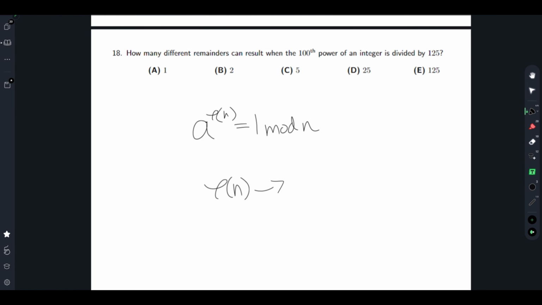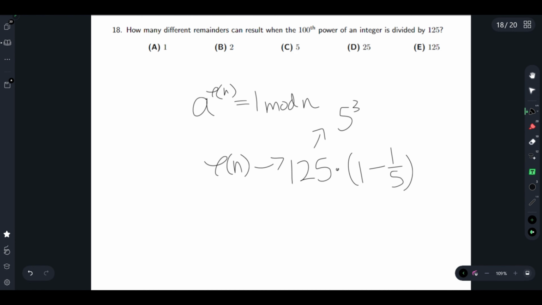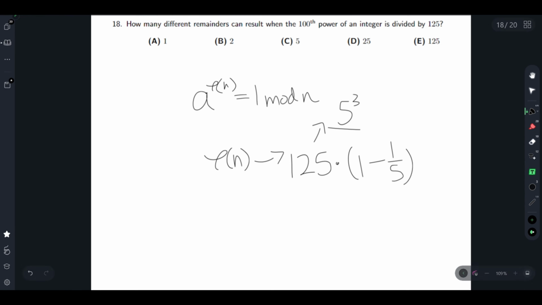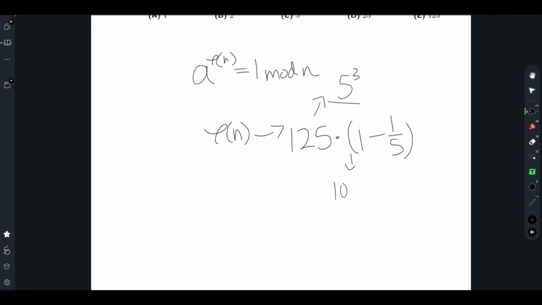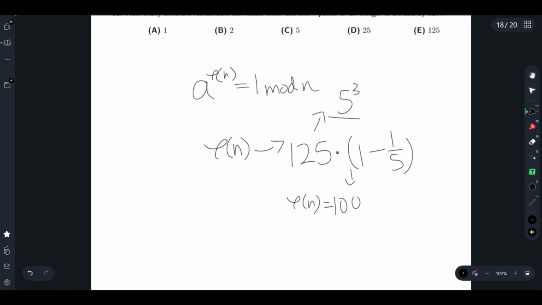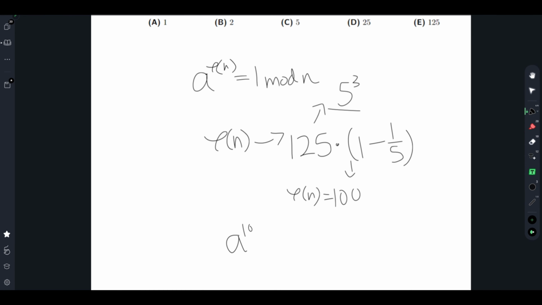The totient of n is 125 times 1 minus 1/5, because 125 is 5 cubed and the only prime factor of 125 is 5. So this gets us 100 as the totient. And conveniently, that's what the question is asking for. So a to the 100 is equal to 1 mod 125.